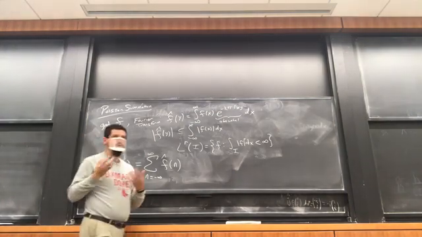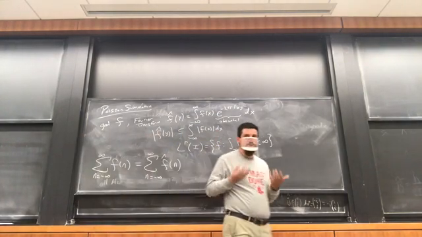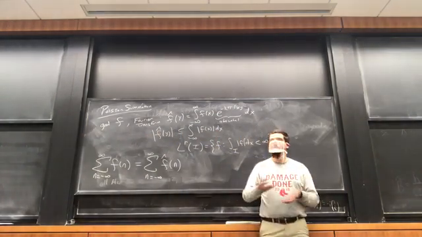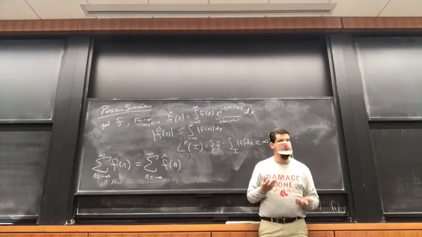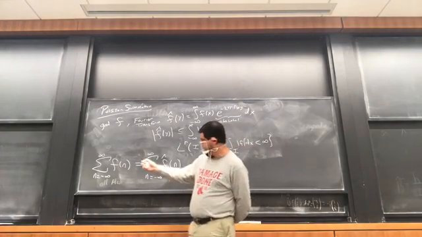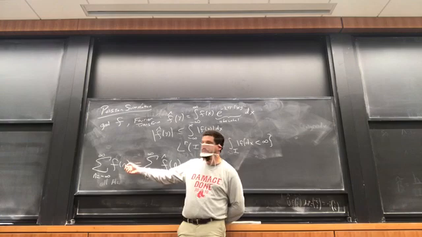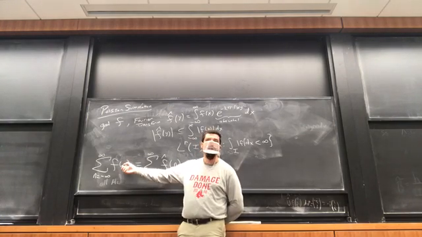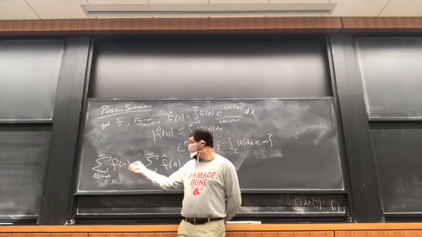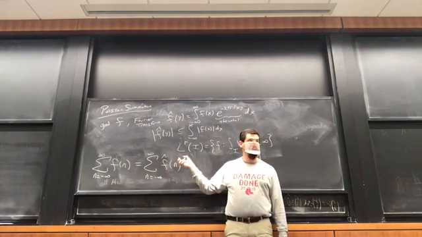Now the question is always, why would we care about a formula like this? Well, we're replacing one infinite sum with another. The hope is that maybe this function is slowly decaying, so we need to evaluate a lot of terms to have a really good, accurate assessment of this value. But maybe f hat is rapidly decaying.